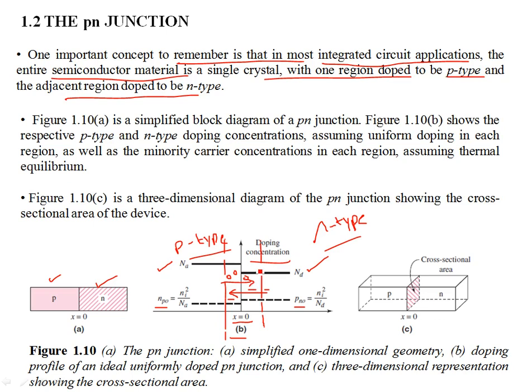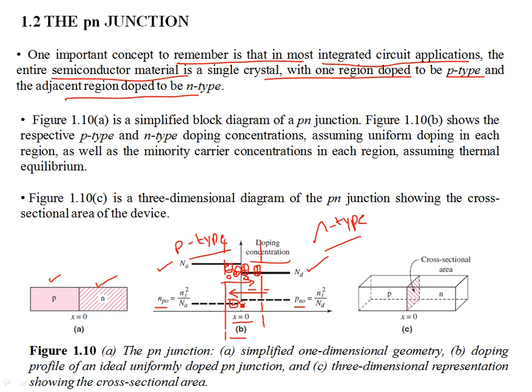N-type region, immobile, positively charged ions which are fixed, which are not going to conduct any current, and on the other side we are going to have negatively charged acceptor impurity like boron or trivalent impurities, which have already accepted electrons.